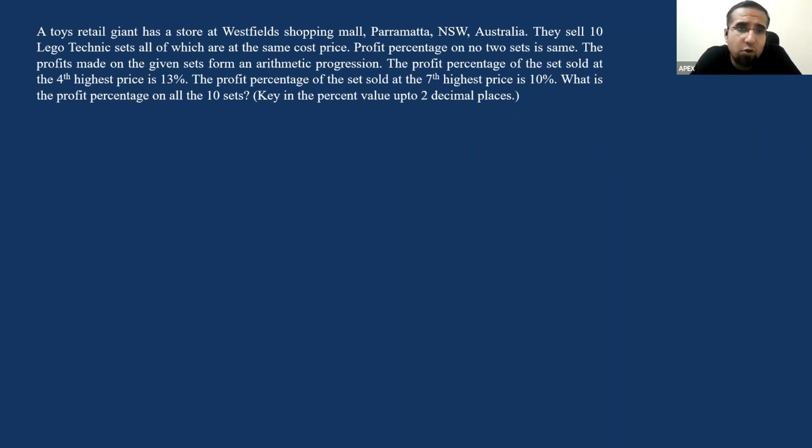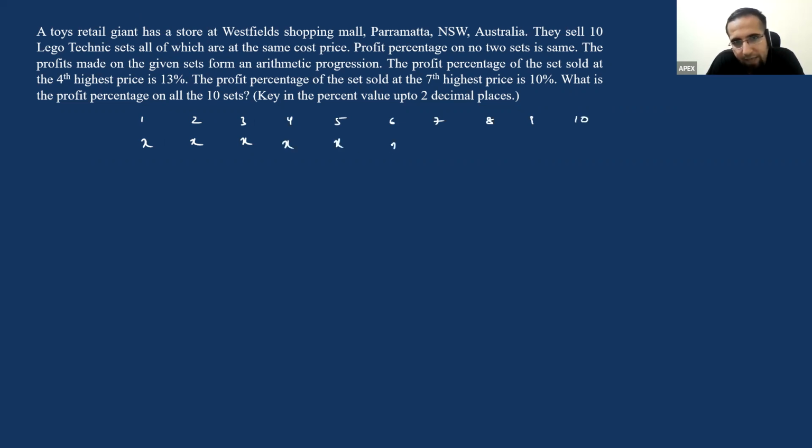A Toys Giant Store has a store at Westfield Shopping Mall in Parramatta, NSW, Australia, doesn't matter. They sell 10 Technique sets, all of which are of the same cost price. Okay, let's say 1, 2, 3, 4, 5, 6, 7, 8, 9, and 10.